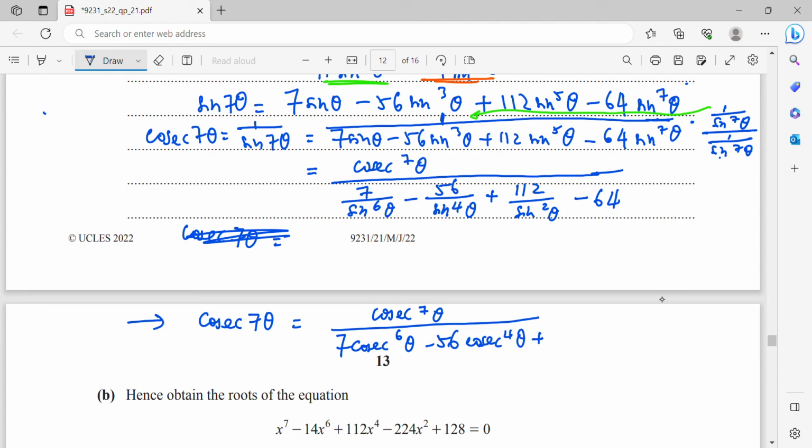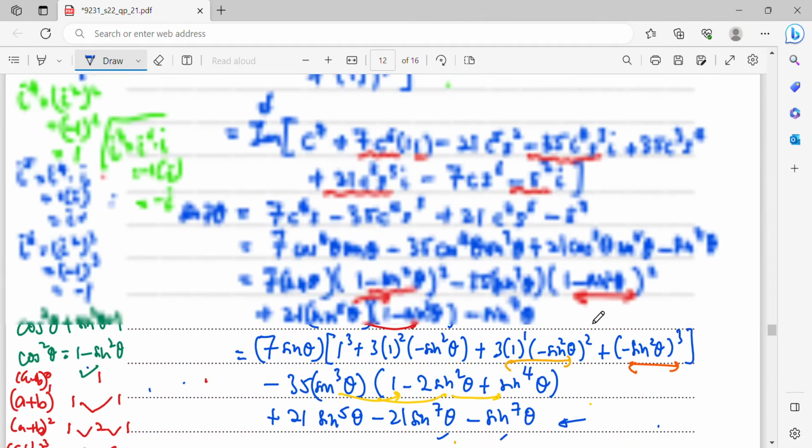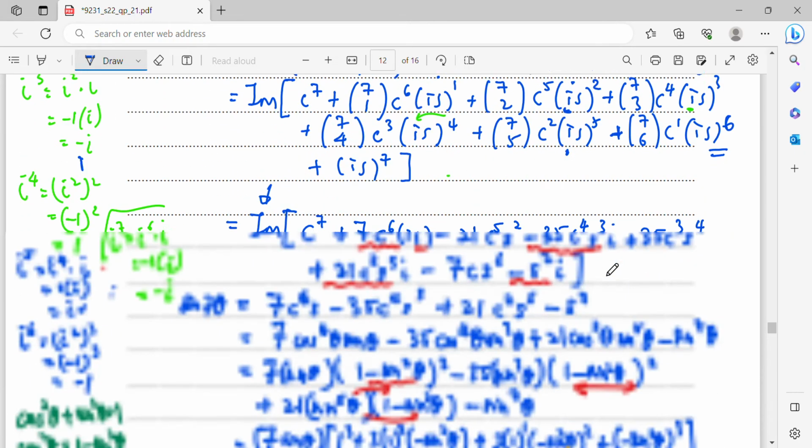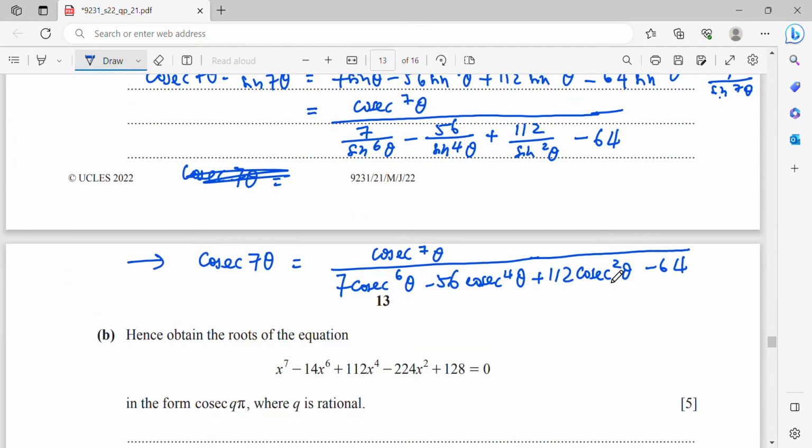Then 1 over sine squared theta is cosec squared theta. Then minus 64. Okay, so this expression is exactly same as the given form. 7 minus 56, 112 minus 64. So we have done this proving.